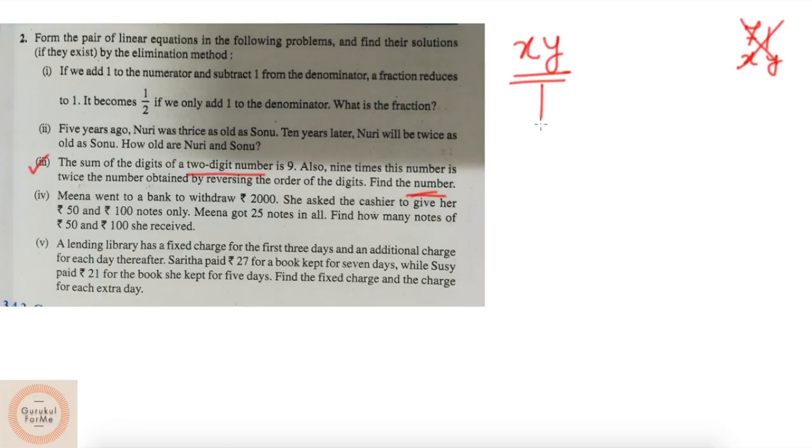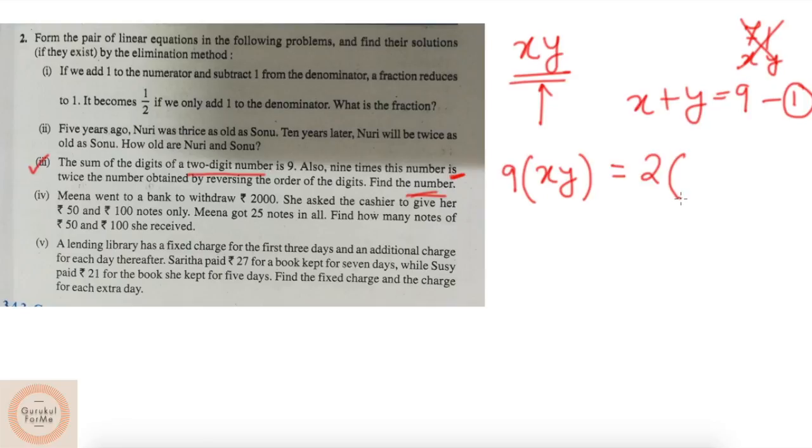It says sum of the digits. So can I say that X plus Y is equal to 9? Can I get equation number 1? Yes. Also 9 times this number, 9 times XY, is equal to, when I'm saying is, we did in one of the videos what is and was, twice the number obtained by reversing the order of digits.